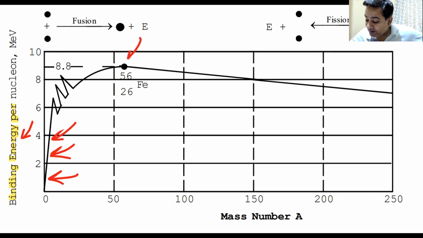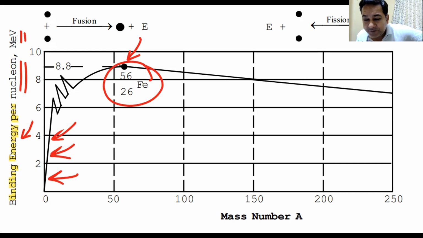At this point, the energy per nucleon is maximum, it is very high. This is the case for this particular isotope of iron, Fe-56 (26 protons). Have you heard about this isotope?